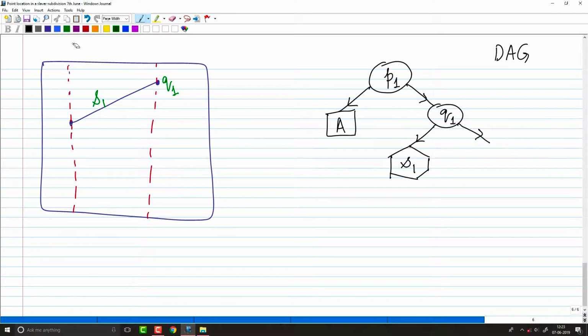Okay. Now, let me just give you this diagram, that would be good for you.